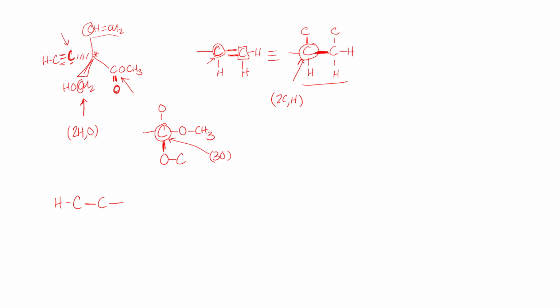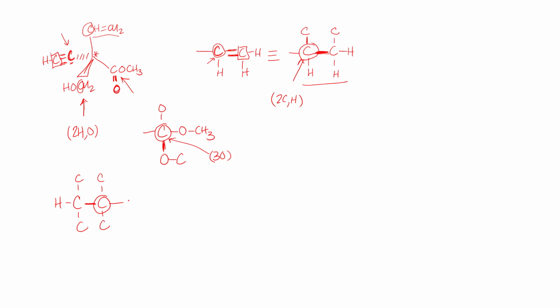Carbon-carbon single bond number 1, number 2, number 3. This carbon over here that I will put in a square again has a carbon-carbon triple bond, 1, 2, 3. And so this would be the equivalent structure of the triple bond.